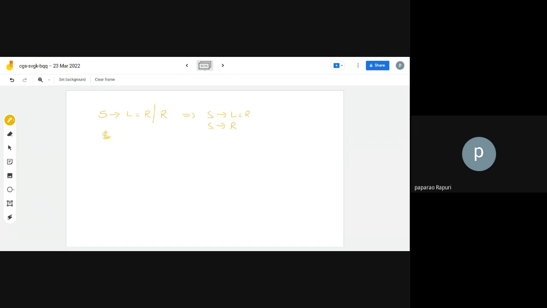And L is deriving star R slash small a, and R is deriving capital L. So this is the question given. We need to find the follow of every non-terminal which is present on the right hand side.